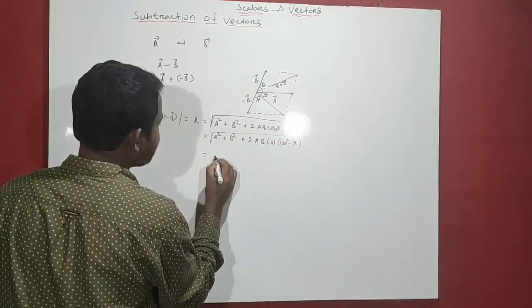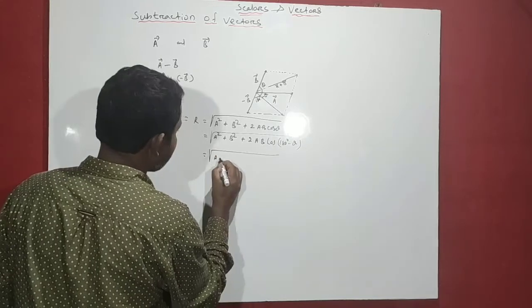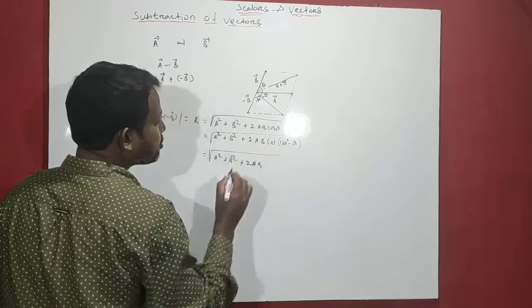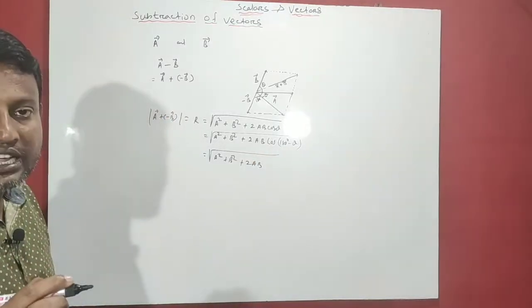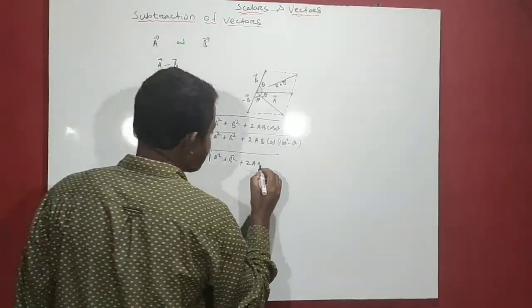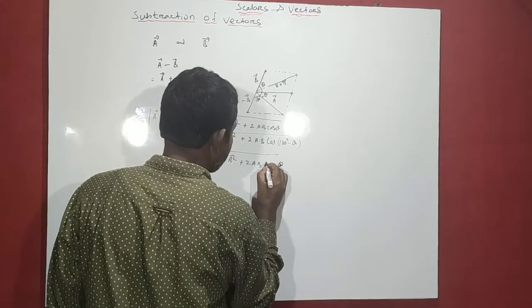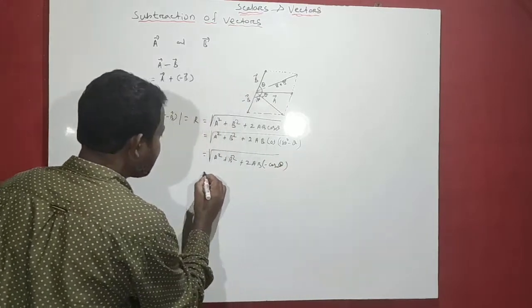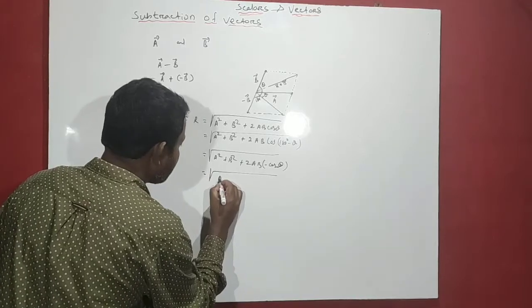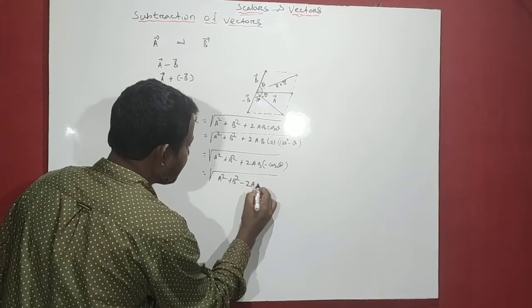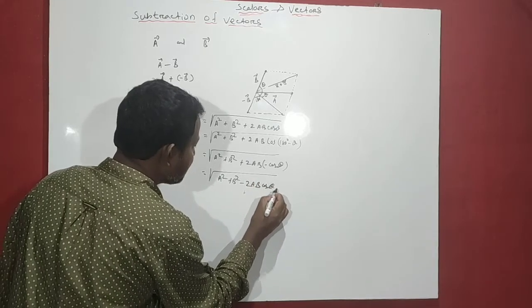Under root of A square plus B square plus 2AB cos of 180 degrees minus theta, and cos of 180 degrees minus theta is equal to minus cos theta. So it is under root of A square plus B square minus 2AB cos theta.